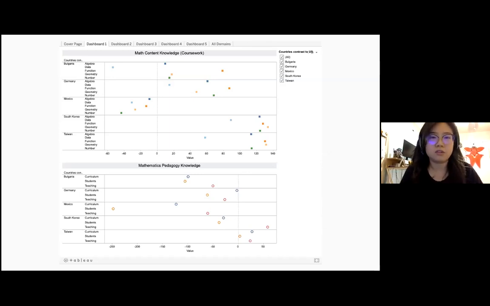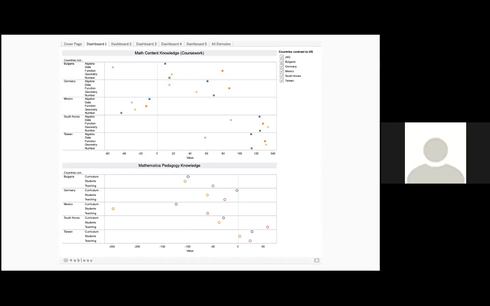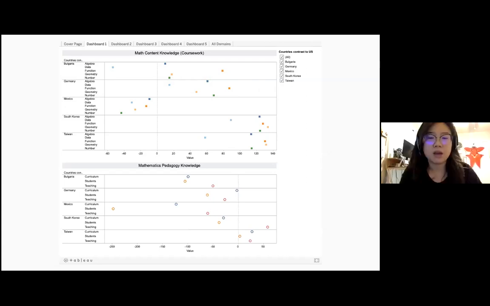So for example, for the first question, I want to get an overall comparison. Just looking at the first part here on the top of the first dashboard, which country seems to have higher measures of math content knowledge compared to the other ones? Also keep in mind, when we built this dashboard, we kept the US as a reference.